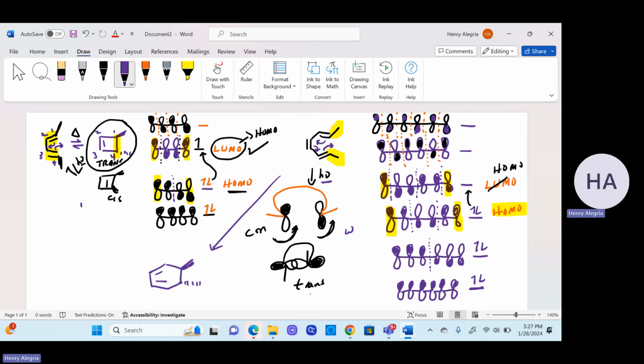I can reverse this process to go in that direction, right? It's the exact same thing. We would look at what we have. So this is what we actually have. For me to reverse back using light, I have to get back to this HOMO orbital, where you notice again the terminal position.